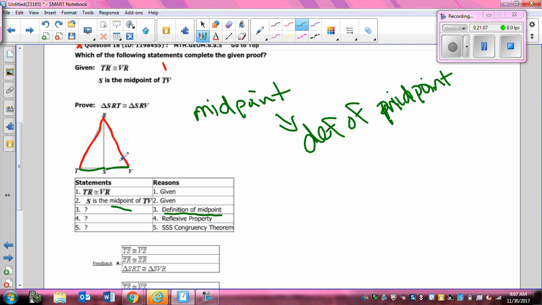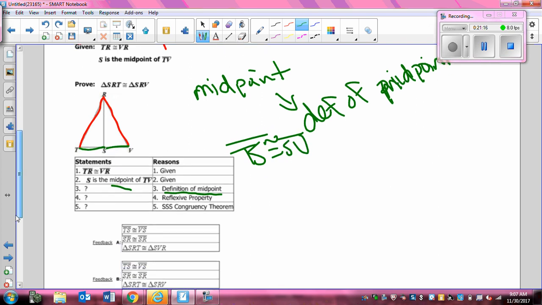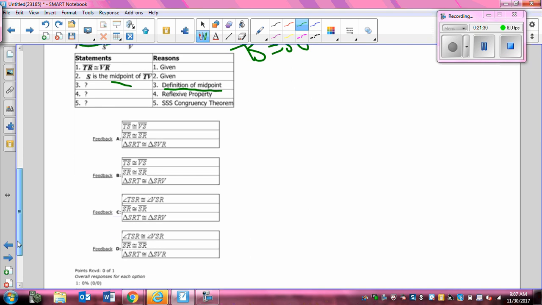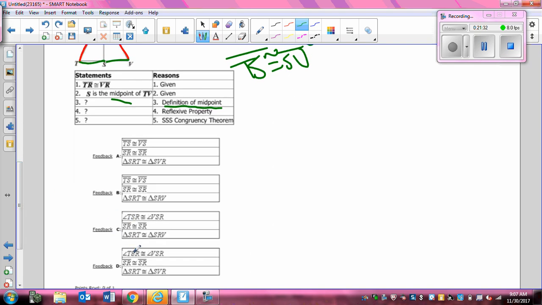So TS is congruent to SV. Put a line above it. Those are sides. And that's going to be the definition of a midpoint. They tell us the order for the reasons, so I know this has to be next. TS is congruent to VS. That's the same thing. Good. So it has to be A or B. We're not talking about angles for the definition of midpoint. We might do that for bisects.